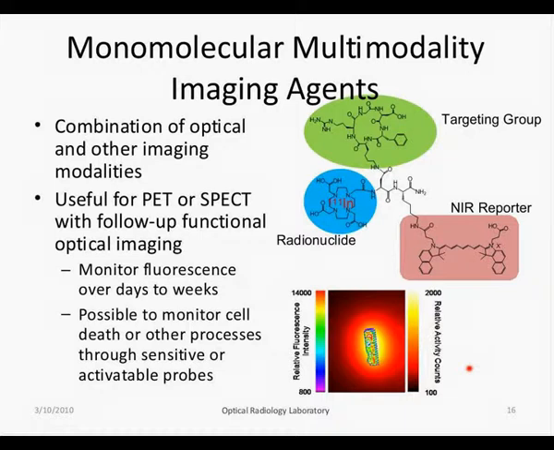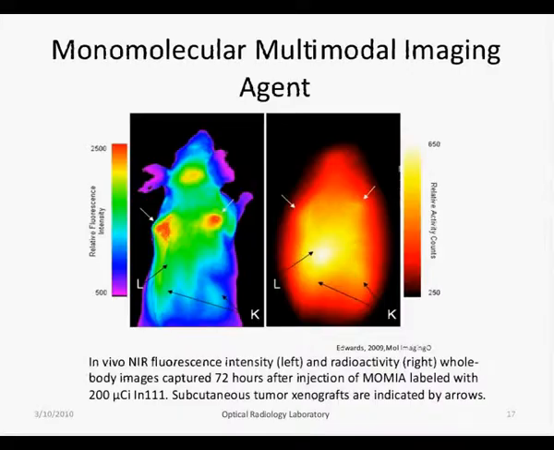This can also be used for instrument development, because we know exactly where both signals are coming from. We can use that to, say, improve the optical imaging methods to be more quantitative, because we know that the radionuclear signal is a quantitative signal. So this combination can be used to monitor the fluorescence after the radionuclear imaging, and to monitor processes after that imaging.